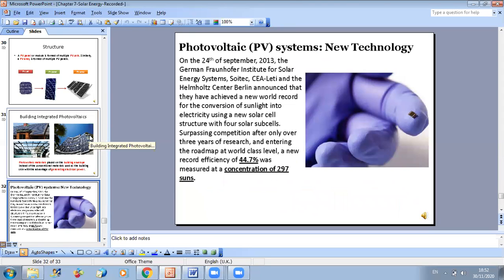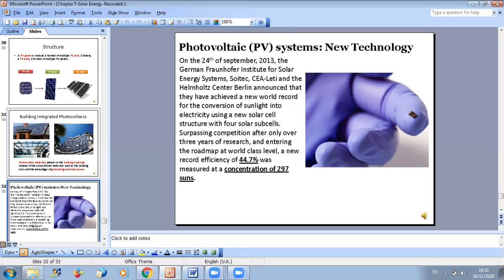Now, as we said, photovoltaic cells are very important, and they are advancing a lot with time. For example, on the 24th of September 2013, we had a new invention consisting of converting sunlight into electricity using a new solar cell structure with 4 solar subcells. This structure helps in concentrating solar energy and increasing the amount absorbed.